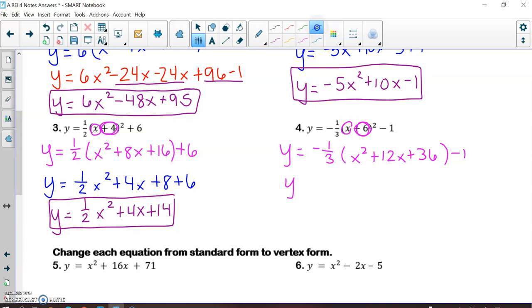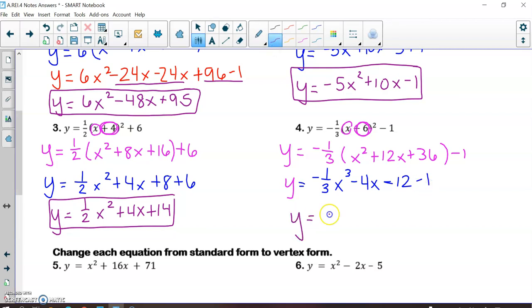Now distributing the negative 1/3 in, I would have y is equal to a negative 1/3 x squared minus a 4x minus a 12 minus a 1.